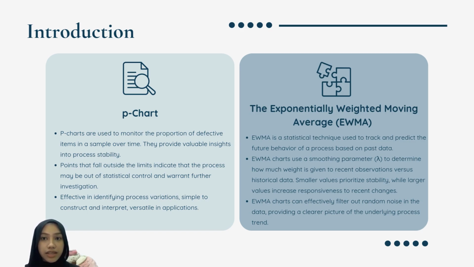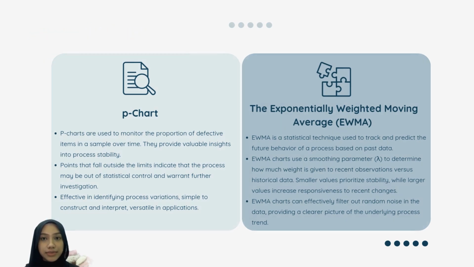EWMA charts can effectively filter out random noise in the data, providing a clearer picture of the underlying process trend. Both of these charts can be validated by using process capability indices like CP, which measure the ability of the process to produce within specifications, or actual capability indices like CPK, which assess the chart sensitivity to detecting changes.